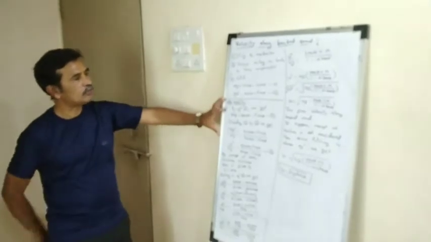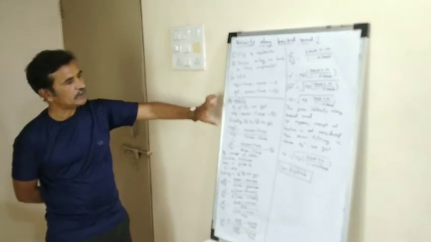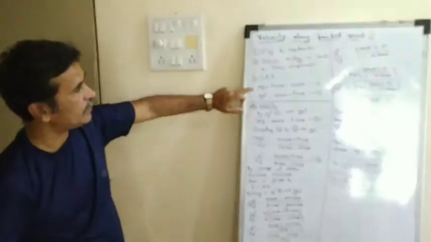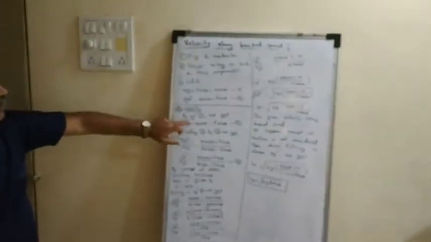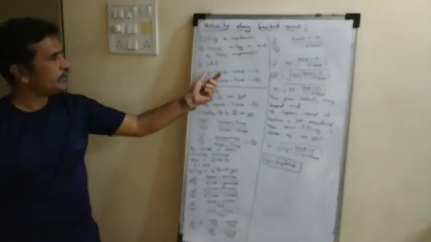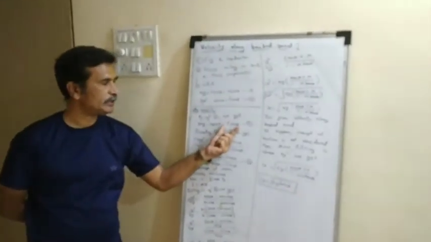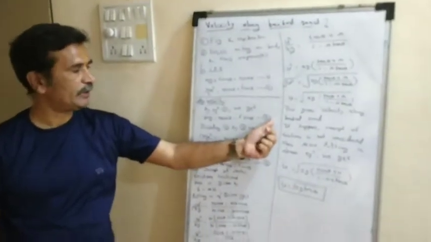Let us go further. Our aim is to find out velocity along the banked road. So in the fourth step we study the concept of velocity. By equation 1, see here, mathematics is there. mg is equal to N cos theta, and this term is transferred to the other side, it becomes negative, the sign is changed. So N cos theta minus F sin theta, equation 3.